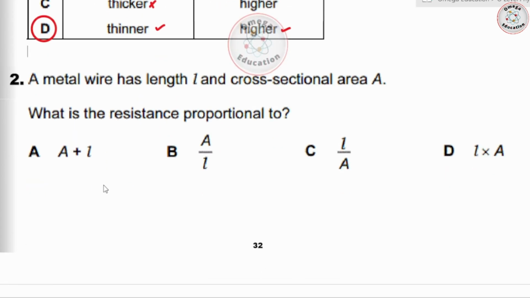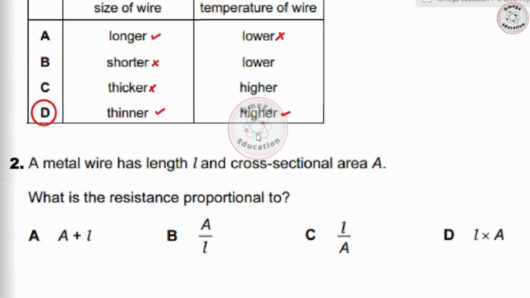Then we have the next one. A metal wire has a length L and cross-sectional area A. What is the resistance proportional to? We studied that resistance is directly proportional to L and inversely proportional to cross-sectional area.